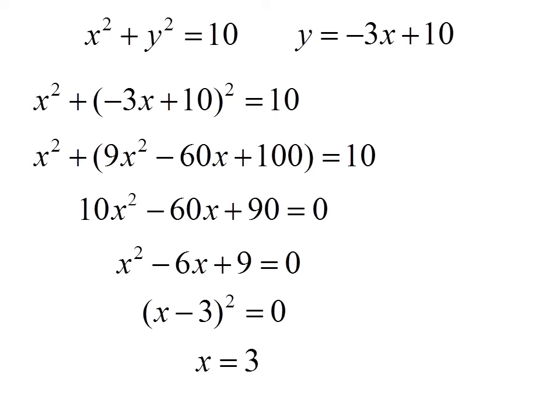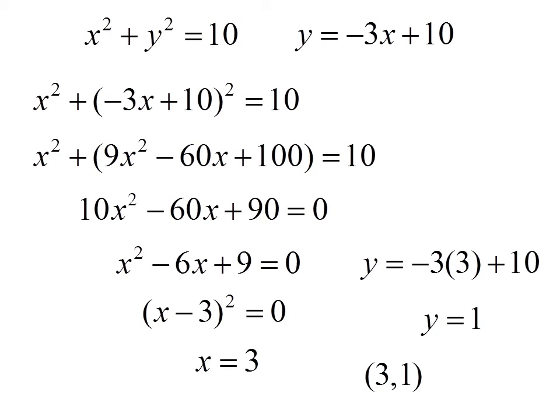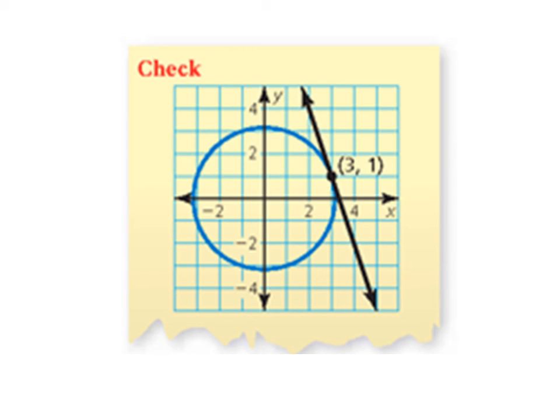So now I have x equals 3. Once again, I'm going to plug that in to solve for y. I could plug it into either equation. I'm going to plug it into the linear equation because it's a little simpler. And so I get y is 1. So my answer is 3, 1. So which one of the graphs would this look like? Right? It would look like the one that's tangent because it only has one solution.